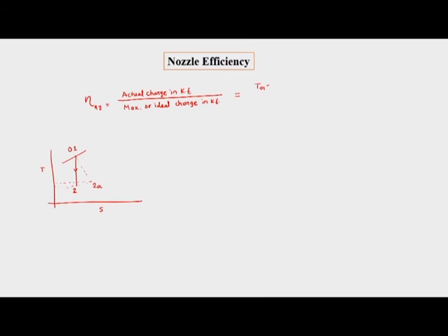So, we have T01 minus T2A divided by T01 minus T2. Here T01 is the total temperature at the inlet to the nozzle, T2A is the static temperature at the outlet of the nozzle in the real case, and T2 is the static temperature at the outlet of the nozzle in the ideal case. This is what nozzle efficiency is, and this is how we can compare the performance of two nozzles. The nozzle having higher efficiency is desirable.